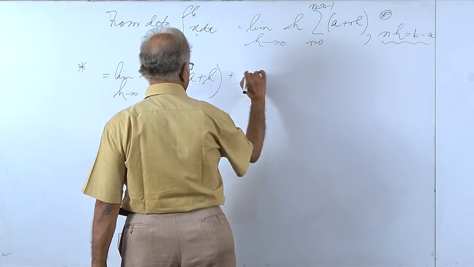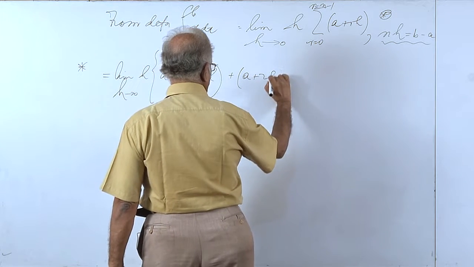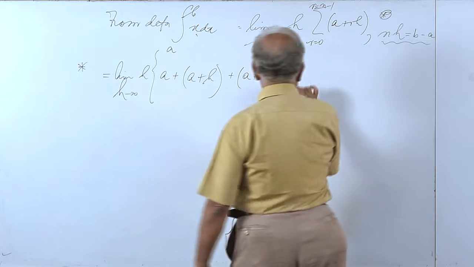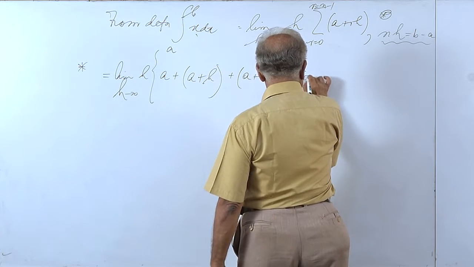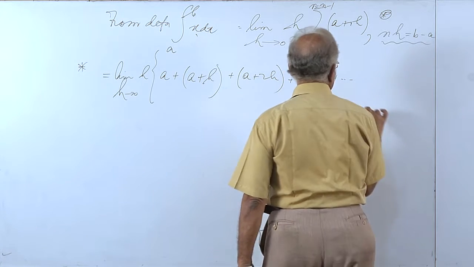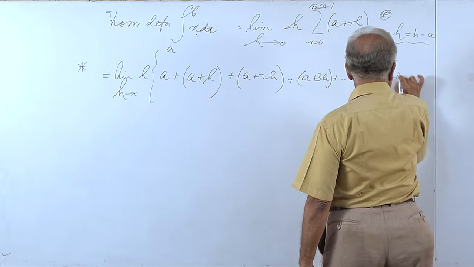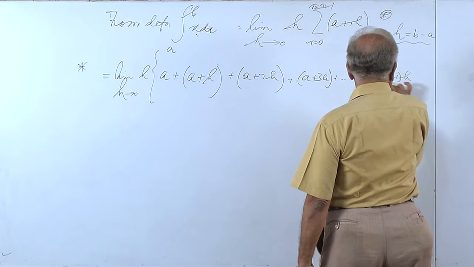Third term is a plus 2h. Next term will be a plus 3h, and ultimately the last term is a plus n minus 1 h. This is the last term.